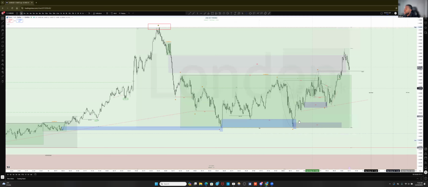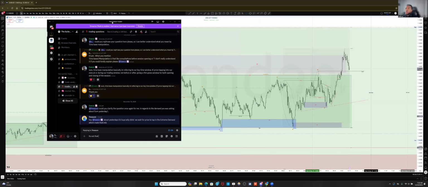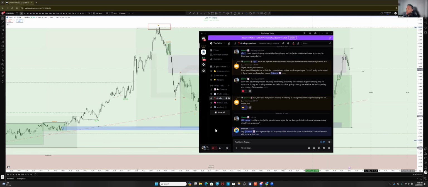So let's answer that. The reason we didn't wait is because we got a medium inducement. Price gave us a medium inducement and gave us lower time frame confirmation. So it's not that we did not wait.